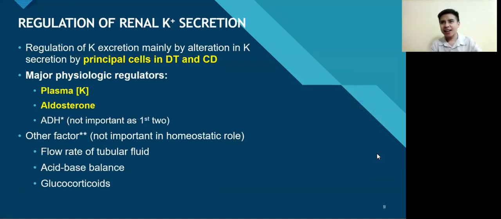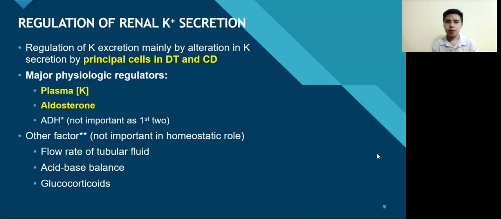Earlier, that was plasma potassium. We're talking about how we regulate plasma potassium in the ECF: the three, insulin, epinephrine, and aldosterone. How about in the kidneys? Who dictates more potassium secretion or less potassium secretion? Regulation of potassium excretion is mainly by alteration of potassium secretion by the principal cells.